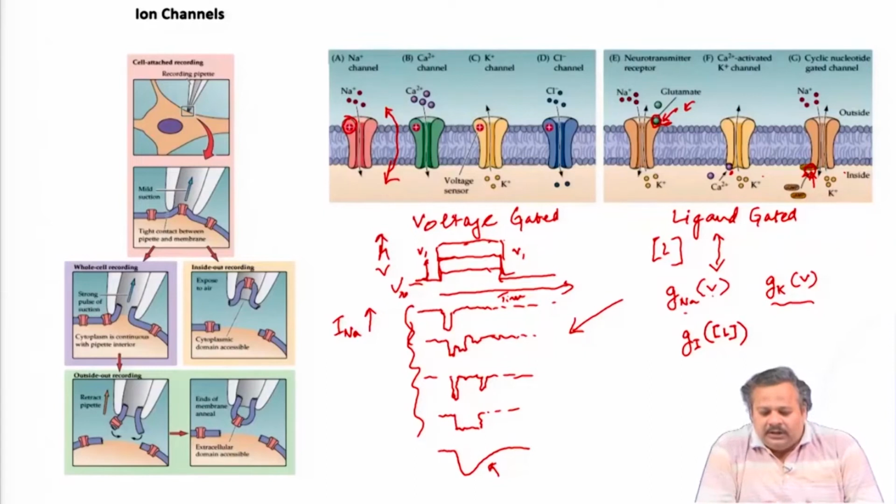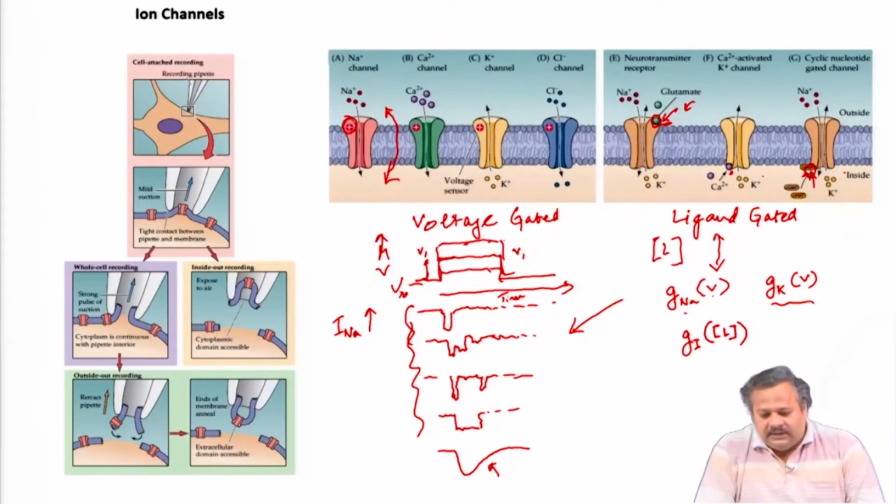So, in conclusion, what we have seen is that ion channels are stochastic in nature, that is, their conductance is not exactly the same for every trial, or the current flowing through them is not exactly the same, but overall on average we see the effect, and from that we can determine the conductance.